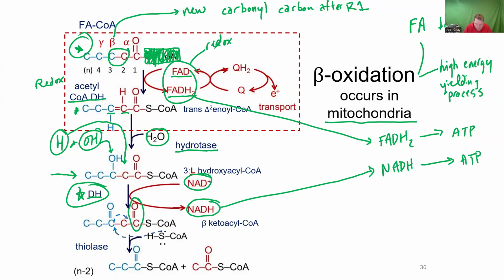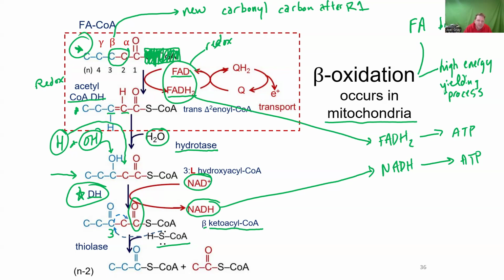Now, the last thing that we need to do is use an enzyme known as beta ketoacyl CoA thiolase. This enzyme is going to bring in coenzyme A, and what it's going to do is link up or form a covalent bond between coenzyme A and what is carbon number three.